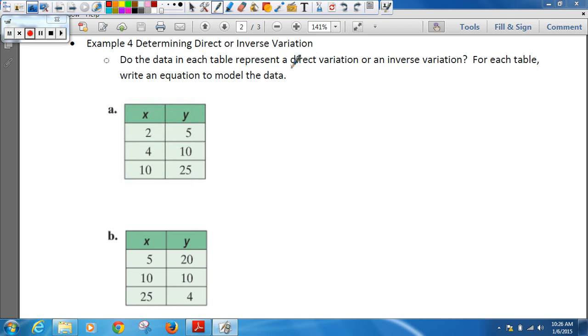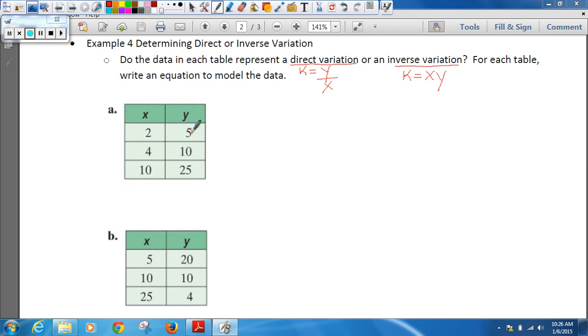So I'm going to write under here, for direct variation, k is equal to y over x. In an inverse variation, k is equal to xy. I'm going to use that idea to tell which one the table represents, because k has to be the same for all three of these points.